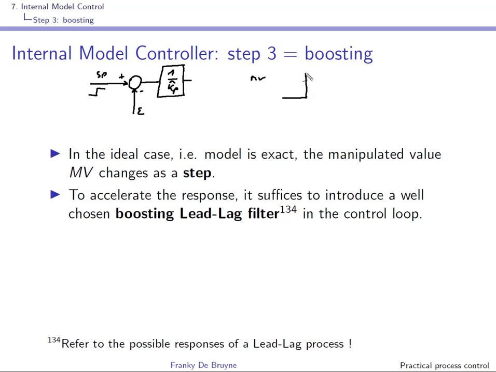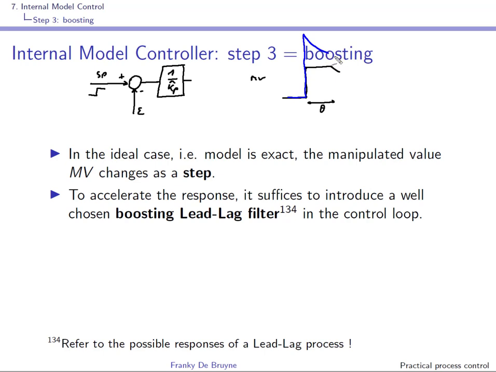So we have this kick coming from the static optimization, and then we have MV that is constant for the period of the delay in the system, and then of course the system is going to react. What we had done in the step 2 IMC controller is misuse this model gain, right? We have taken it smaller than in reality, and we could achieve a higher kick over here. But there is another way to have a higher kick, and the idea is that we want to achieve something like this.